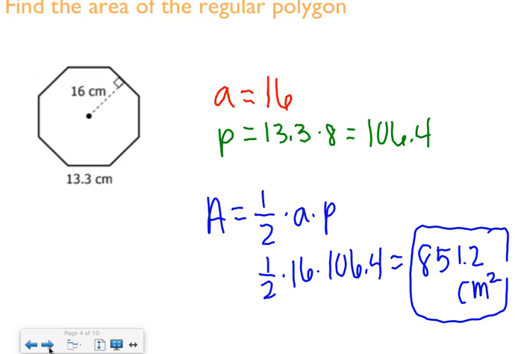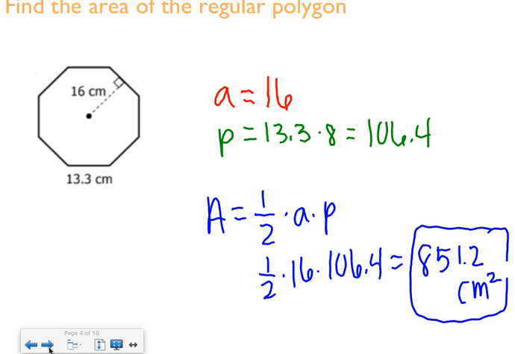So those are pretty straightforward, right? When you're given the apothem and your side length. But obviously that would get boring.